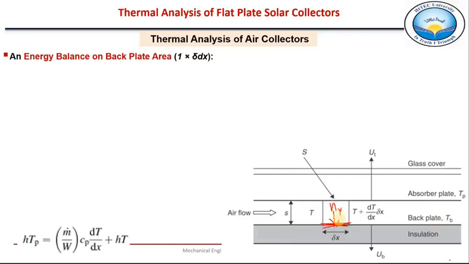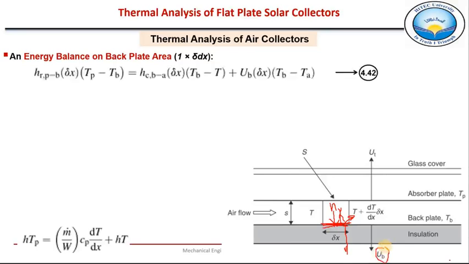That is the energy entering, and there is no other energy entering into this back plate. So what is the energy leaving? Energy leaving from this back plate to this air, right? From this back plate to this air, and from the bottom of this back plate to the ambient, which is represented by this overall heat loss coefficient.